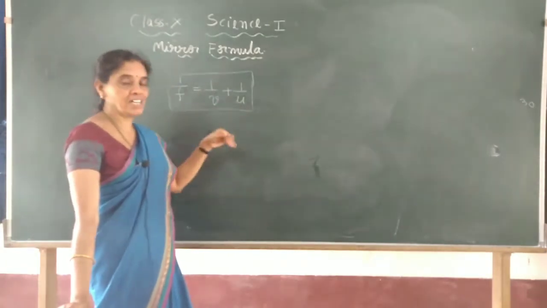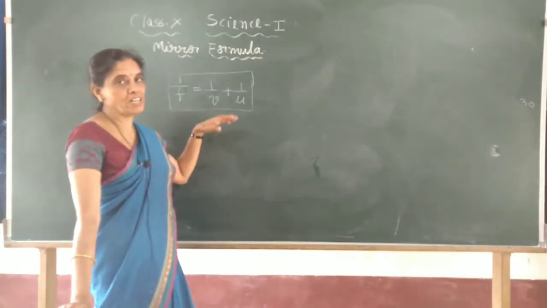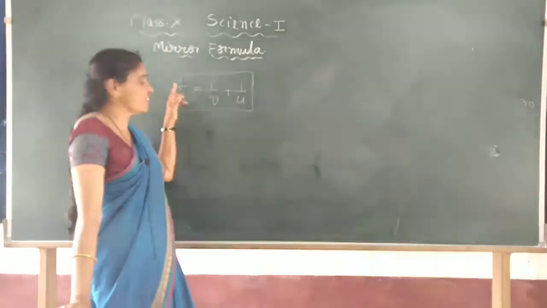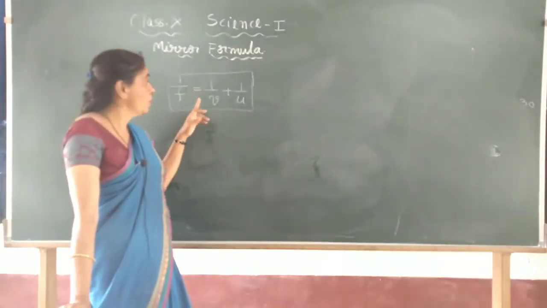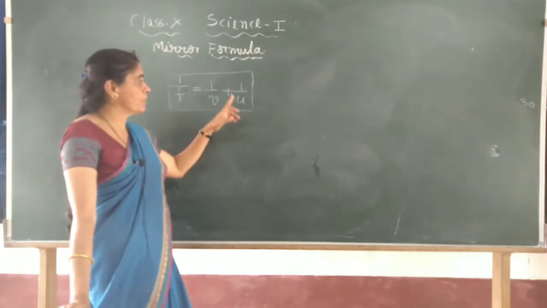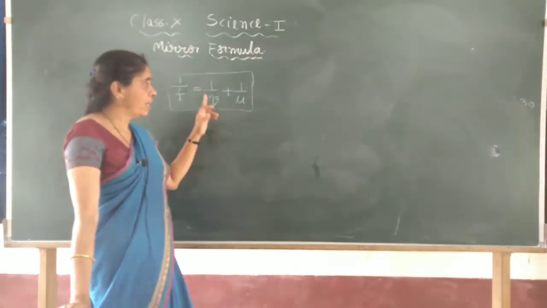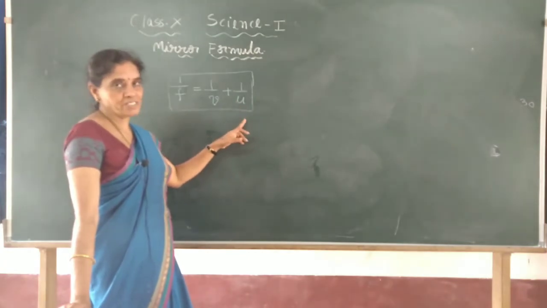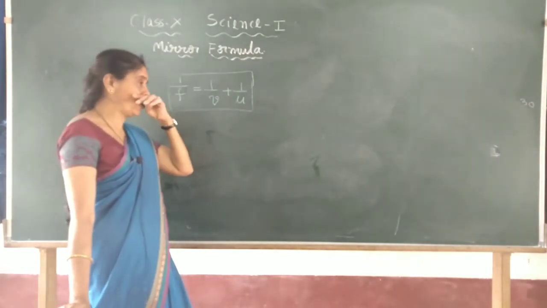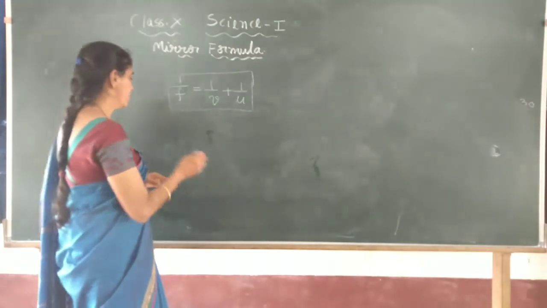How the three are related is given by the formula called the mirror formula, which is 1 by f is equal to 1 by v plus 1 by u, where f is focal length, v is image distance, and u is object distance.